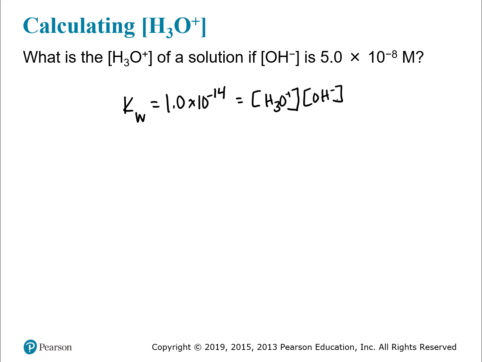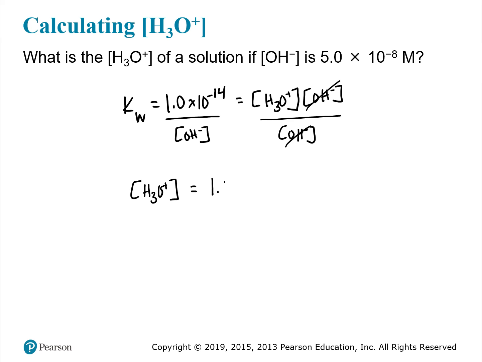To do that, we're going to just divide by the hydroxide concentration on both sides. Now we know what this concentration is. We can fill this in from the problem.